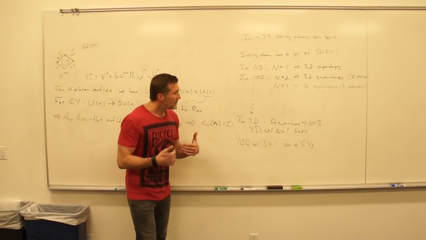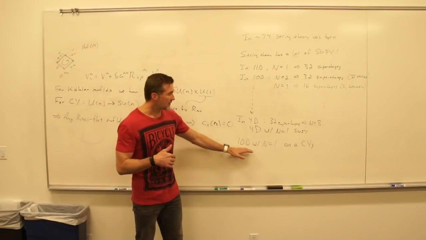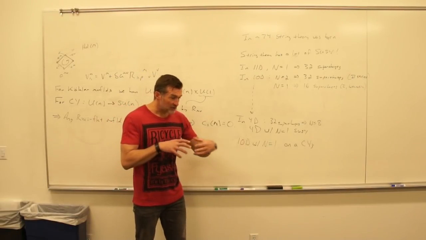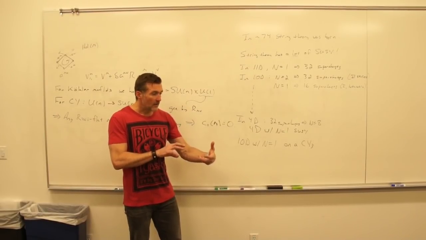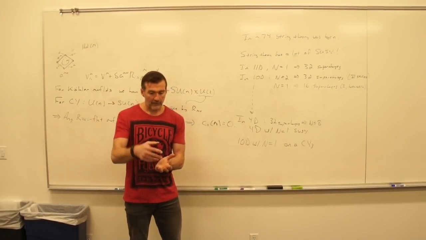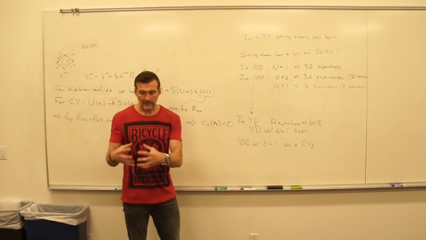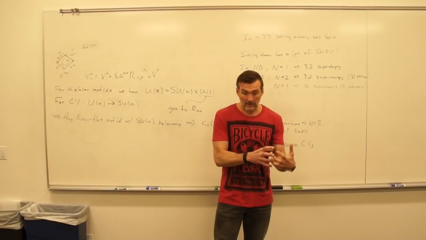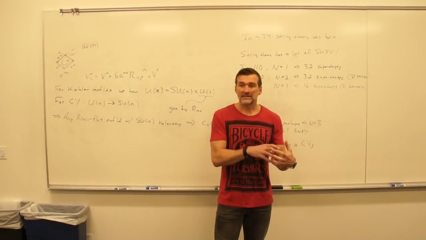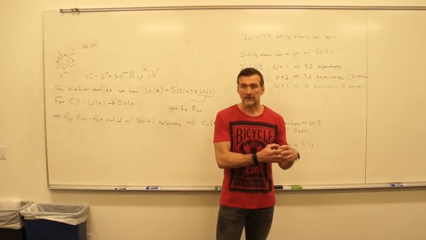But anyway, what the string theorists discovered is that through putting strings on these spaces, one type of Calabi-Yau with string theory on it gave physics which was absolutely indistinguishable from a different Calabi-Yau with a slightly different string theory on it.